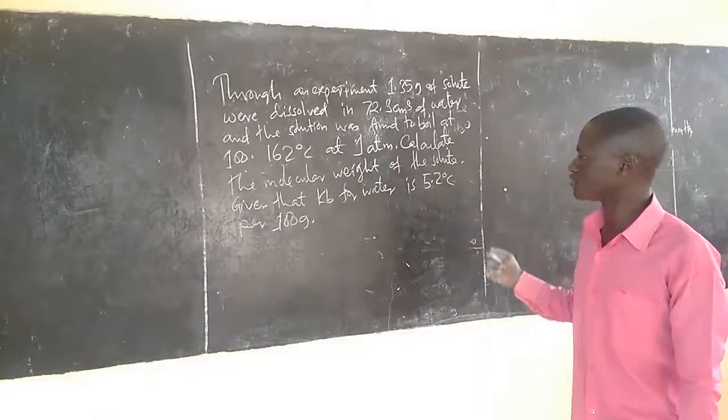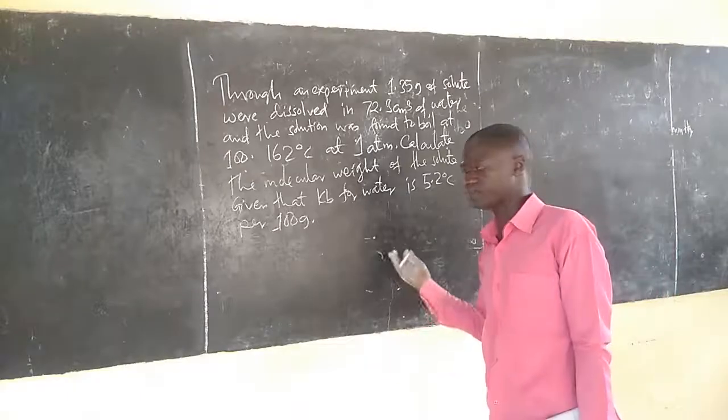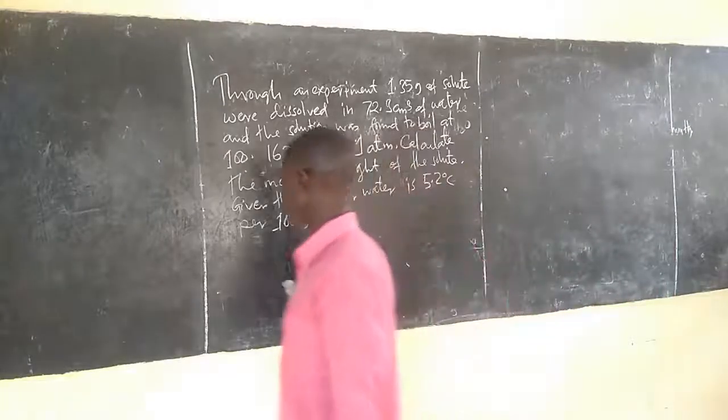Then calculate the molecular weight of the solid, given that Kb is this one. So the question is easy.